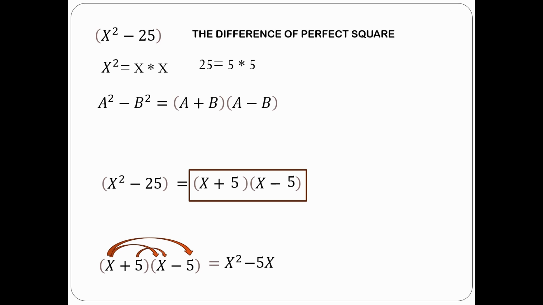And then 5 times x is positive 5x. And then positive 5 times negative 5 is negative 25. Now negative 5x and positive 5x will cancel. So our answer is x squared minus 25, which is our original expression.